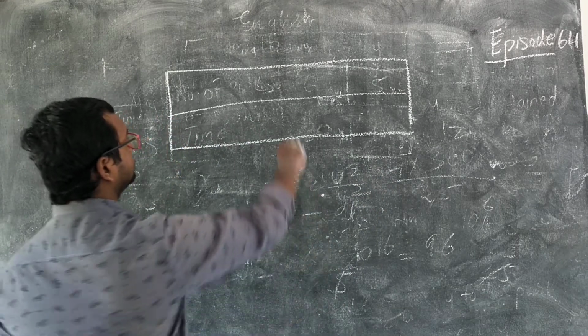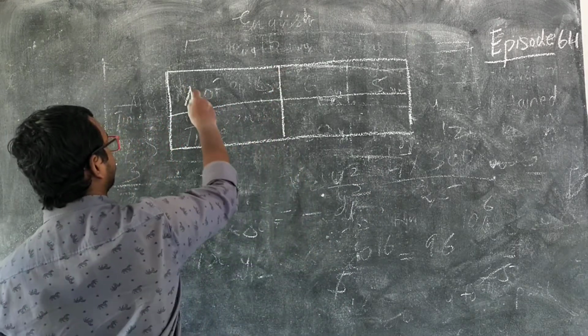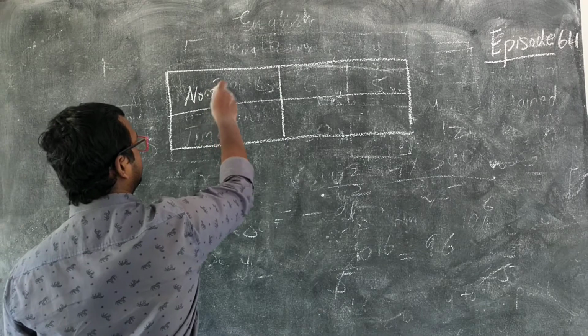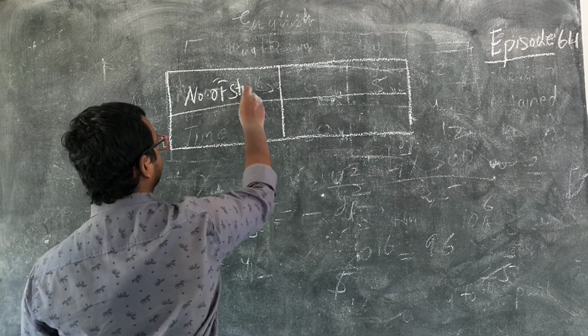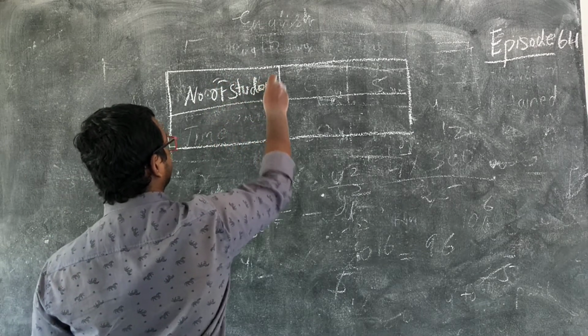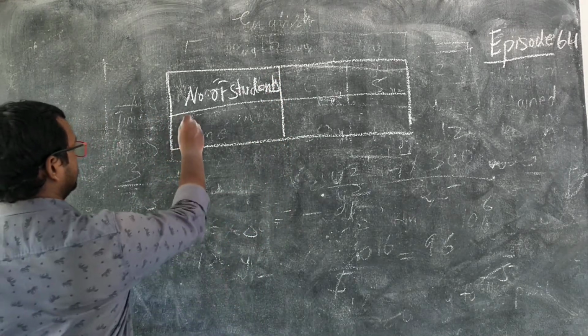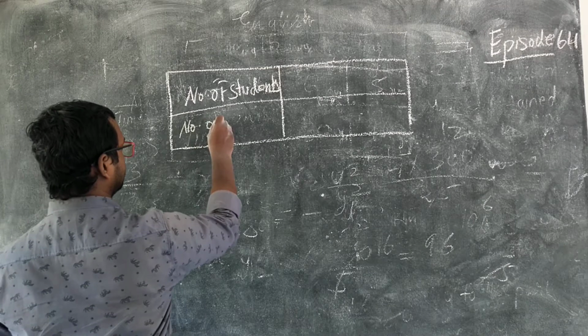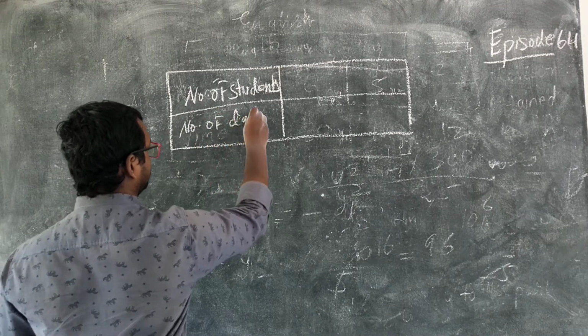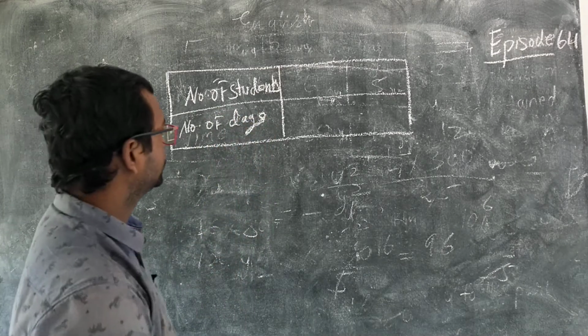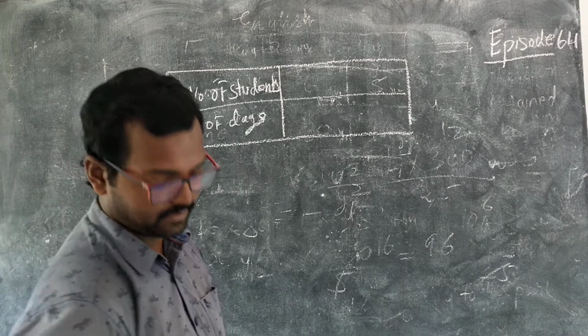Now number of students divided with number of days. Okay, number of students divided with number of days. Example 8.